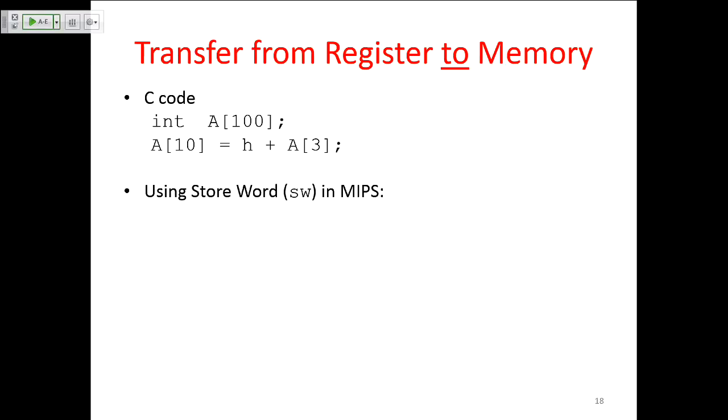What offset did we use for A of 3? 12, right? So what should we use for A of 10? 40. 4 times 10. Because 4 bytes is in a word, right? That whole word I'm counting 0, 1, 2, 3. Then the next word is 4, 5, 6, 7. Then the next word is 8, 9, etc., right?